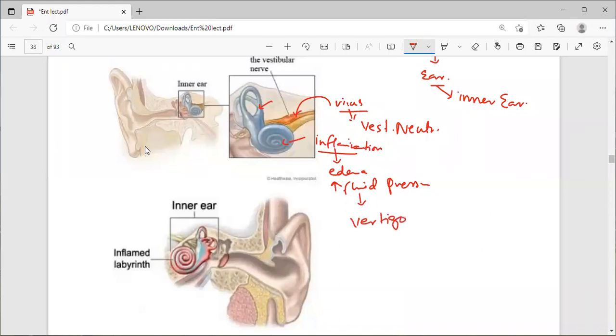Okay, this as a whole is called labyrinthitis, inflammation of the labyrinth.